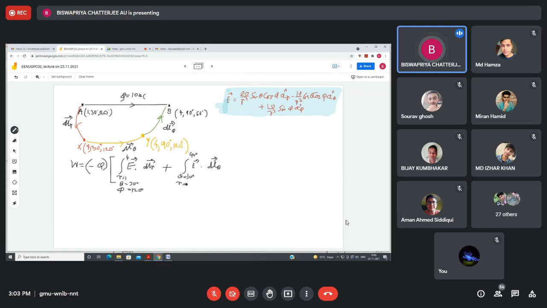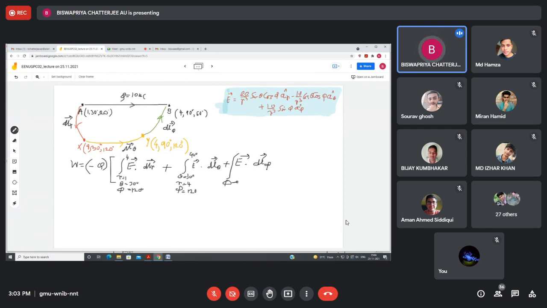When you do this integration, r should be fixed at 4 and phi should be fixed at 120 degree. And the third part of the integration will be E dot dl phi.